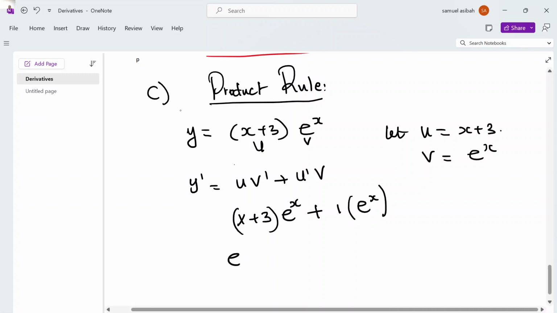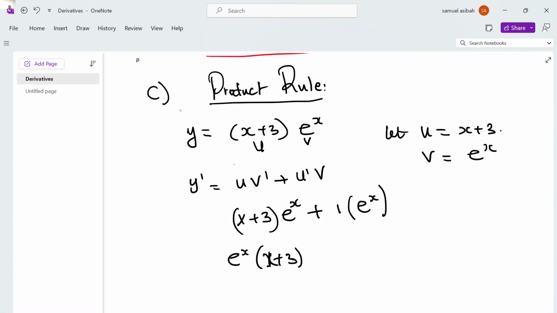Then what we have is e raised to x times 1 plus 3, 1, and that is x plus 3 here. Then we have plus e raised to x. So somebody can just simplify this. You can factor e raised to x, and if you factor that, what do we get?